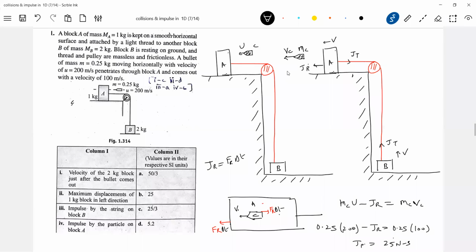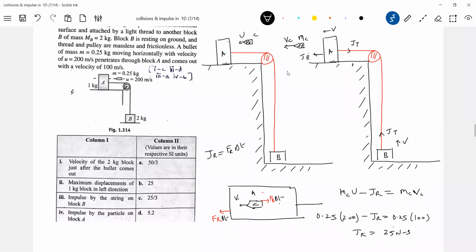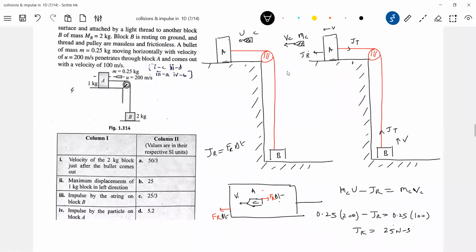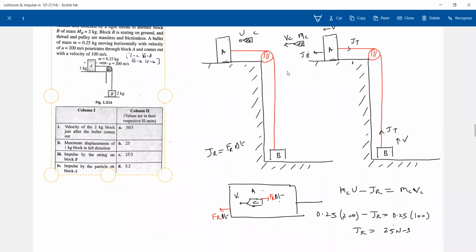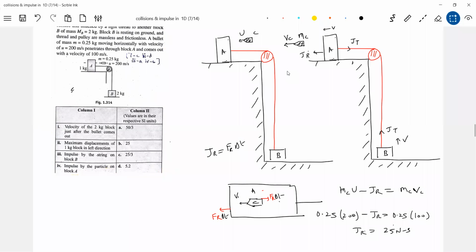Now I know Jr. Can we write the equation? Looking at the block A and B. Initially, what is the state of block A and B? They are at rest, no?